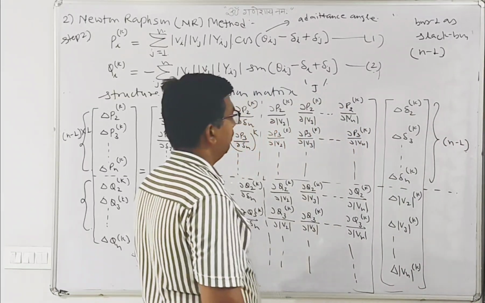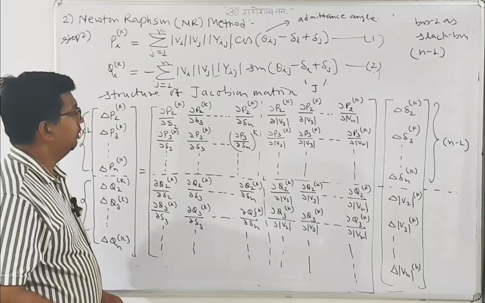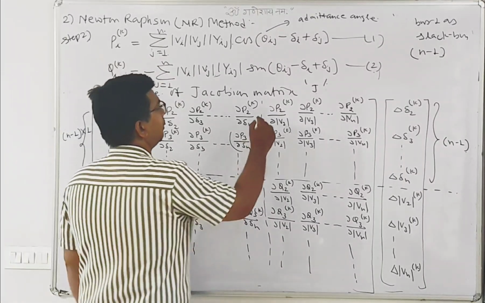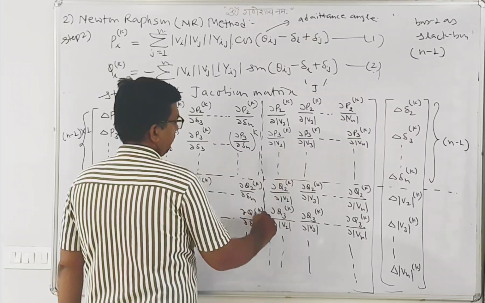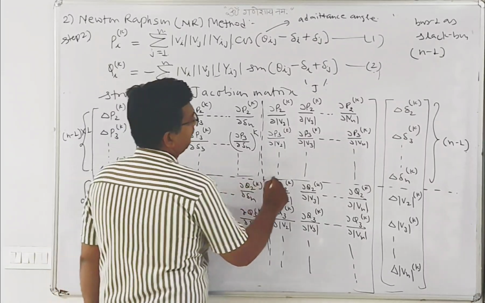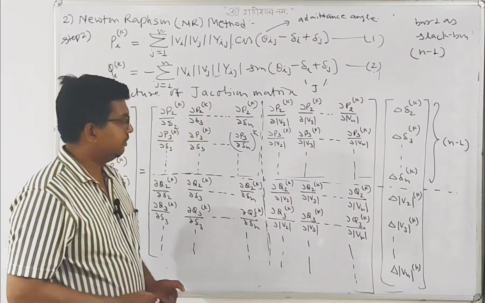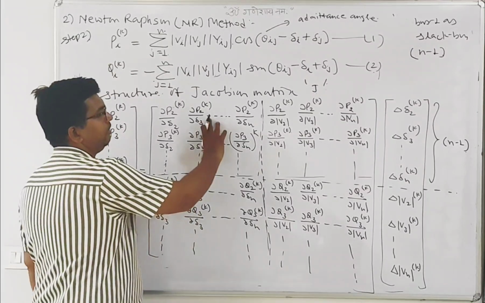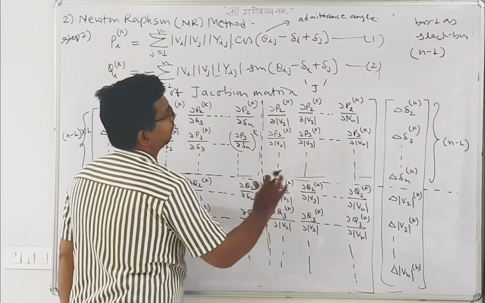Okay, very well. Now come to the Jacobian. I have shown a dotted line in between there, and this dotted line will segregate this whole matrix into 4 parts: 1, 2, 3 and 4. Now how will we deal with the individual sub-Jacobian matrices?